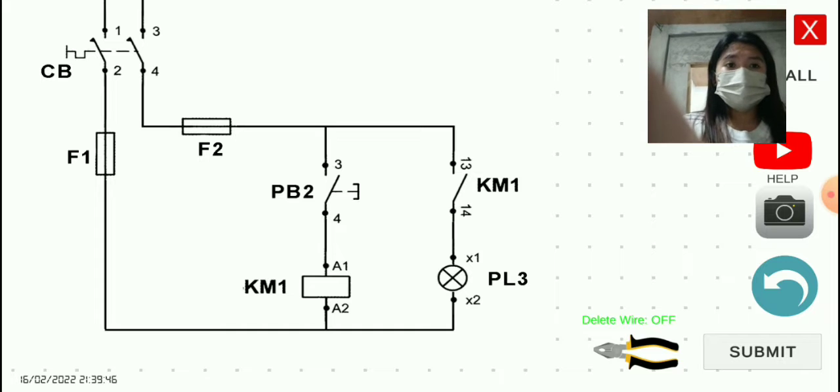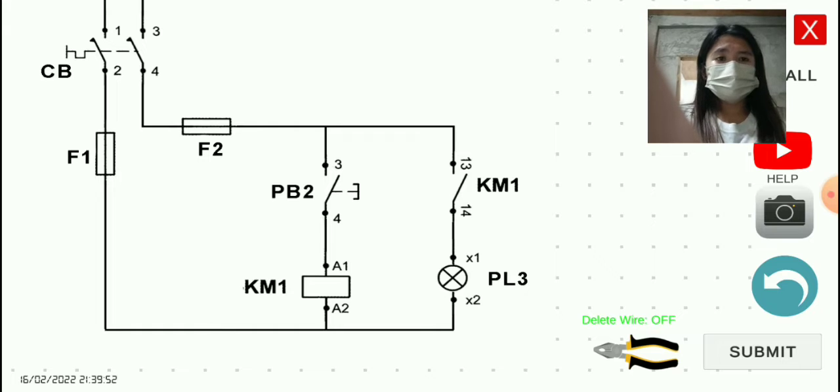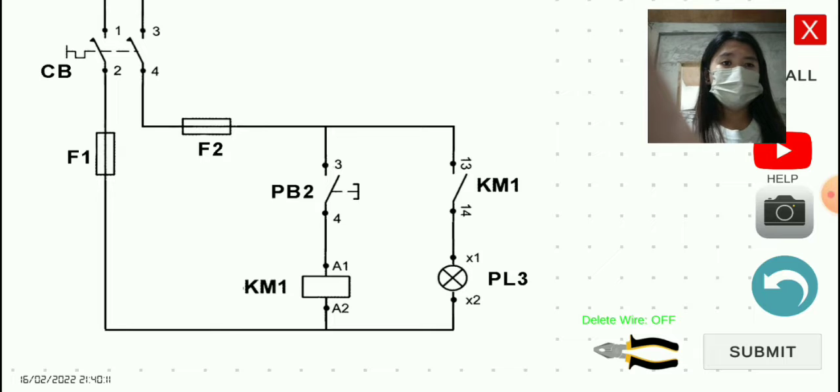However, if we release the button in the PB2, there will be no current flowing again. So the KM1 contact will be open again, and the PL3 will turn off.